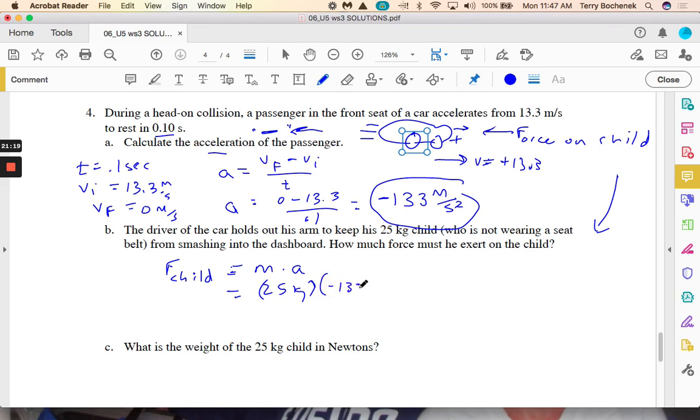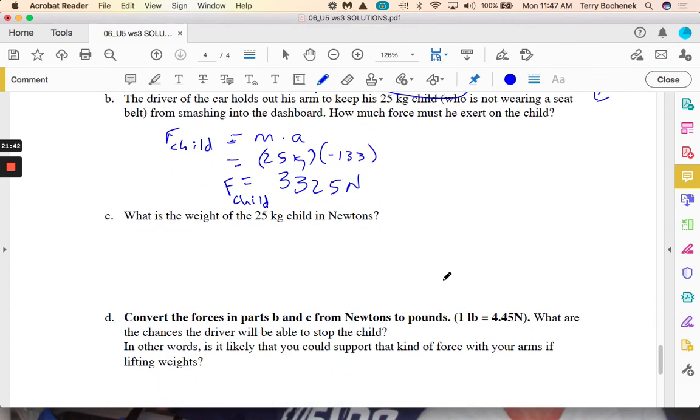So 133 meters per second squared times 25 would be 3,325 newtons. Okay, that sounds big, but how big is that? We'll find out in a minute.